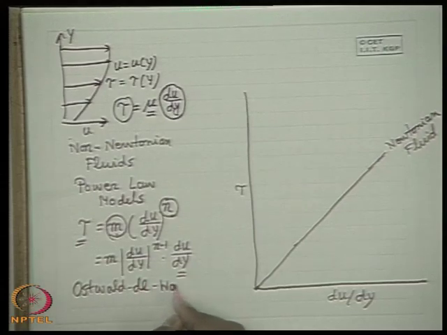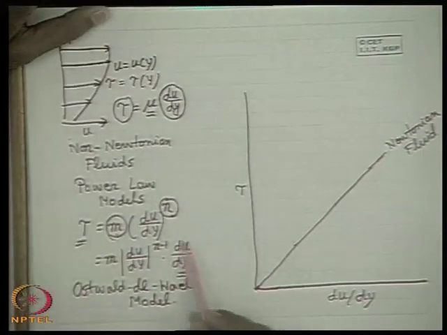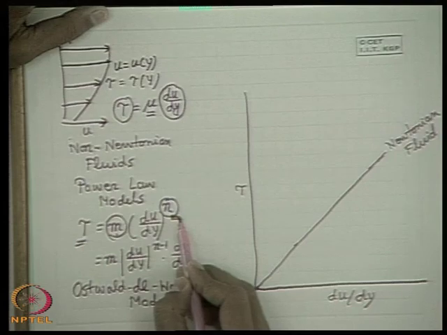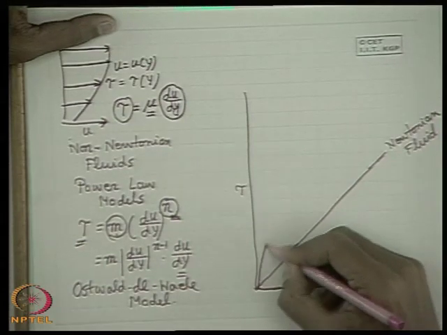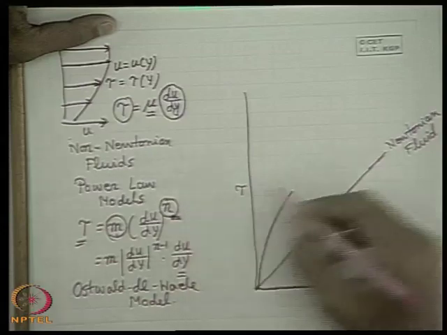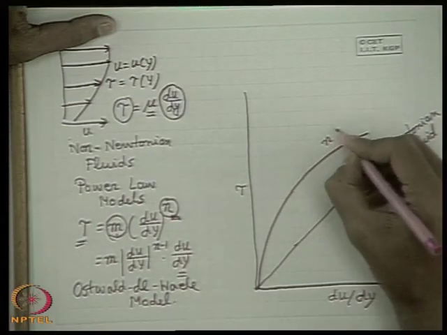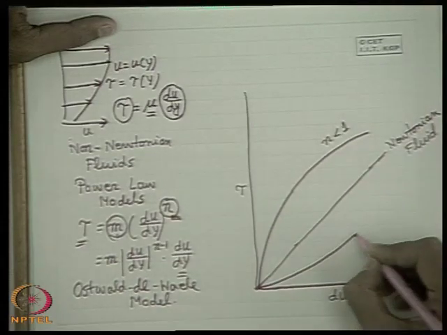The Ostwald de Waele model. So a class of fluids obeys a power law model, with values of n greater than 1 and less than 1. If you plot the power law curve with index n less than 1, the curve is like this, and with n greater than 1, the curve is like this.